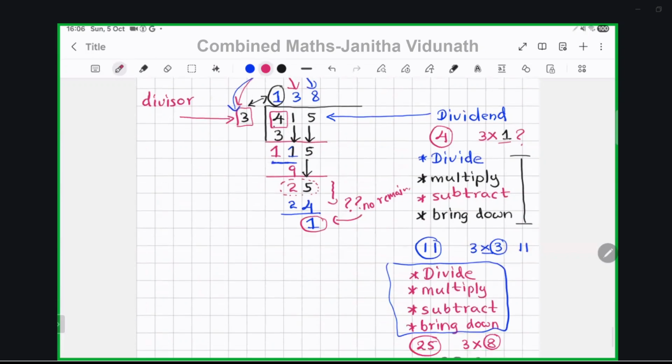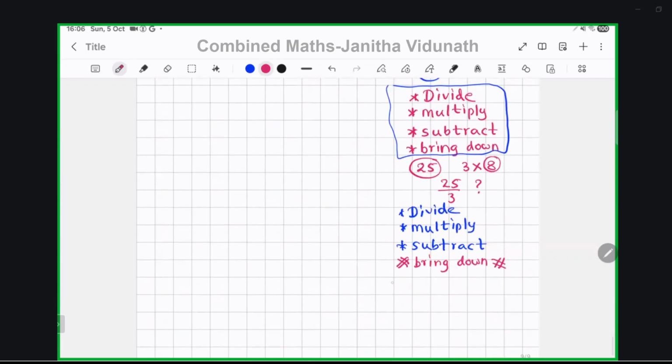Here 1 is our final value. Our value is 1, and 1 is less than our divisor. If our value is less than the divisor, we stop all the operations.